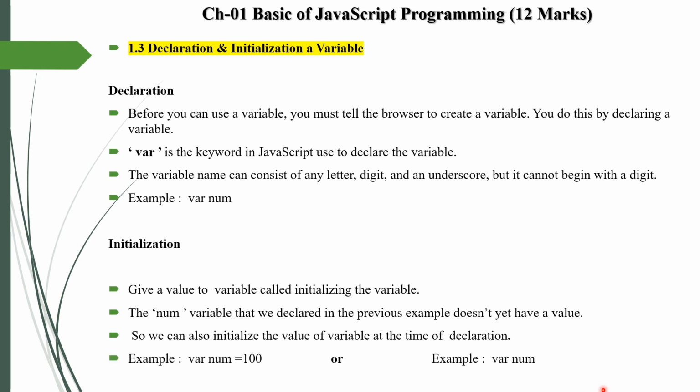In this example, we declare the variable and initialize its value at the time of declaration, and in the second way we can declare the variable and after that we can assign the value to the variable. So this is about declaration and initialization of variable.